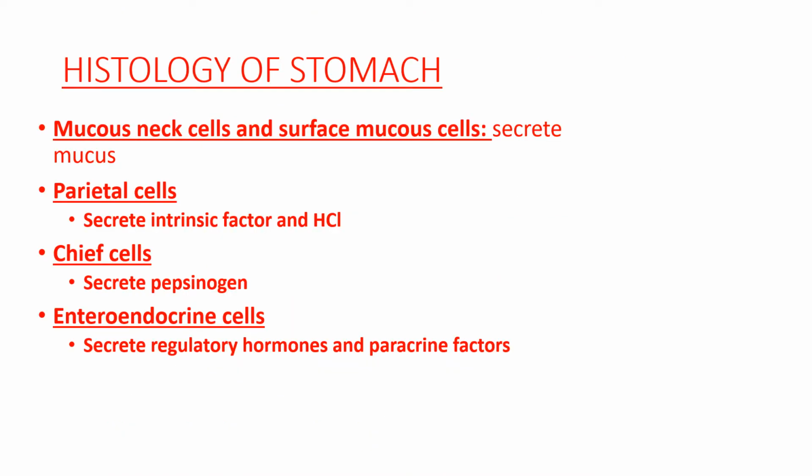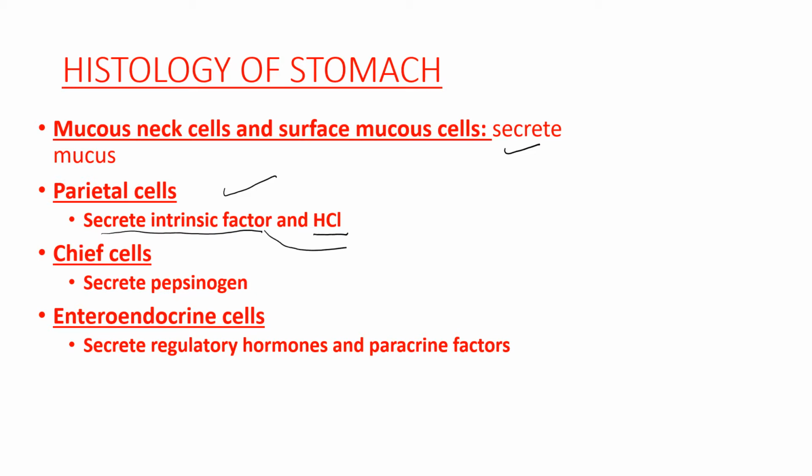The population of cells found in the lining of the stomach and in the stomach glands are mucous neck cells, which secrete mucus. Mucus is an alkaline product that buffers the acidity of the stomach. Parietal cells are going to secrete intrinsic factor and hydrochloric acid.